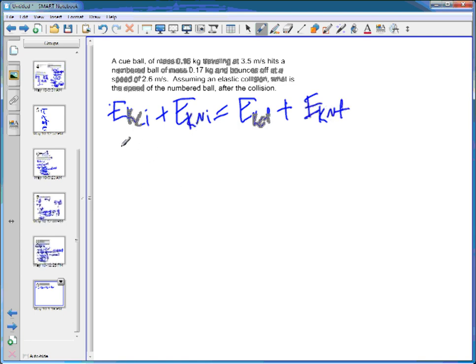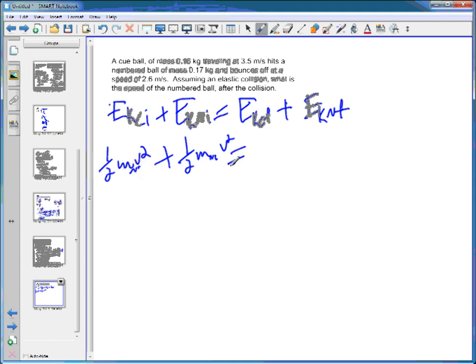Okay, kinetic energy of the cue ball initially is 1/2 mv squared plus 1/2 mv squared for the numbered ball initially, and so on.